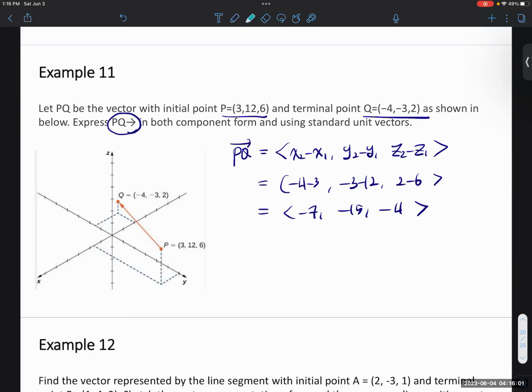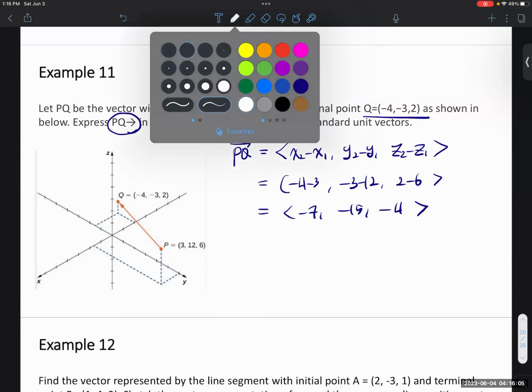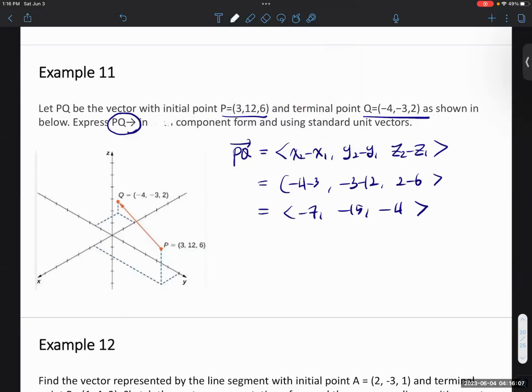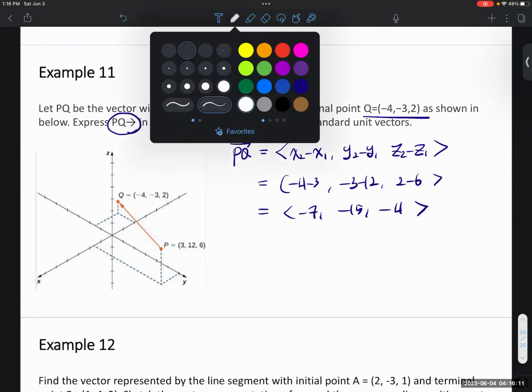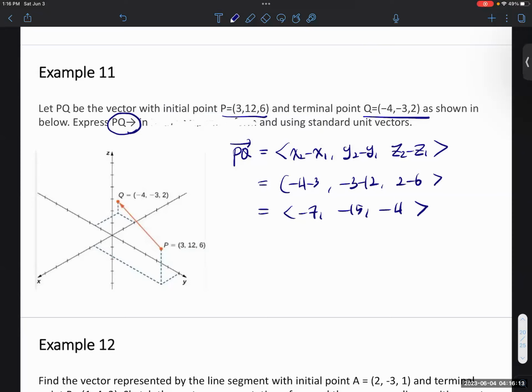Okay, so actually I'm going to get rid of the component form first because we're going to spend a lot of time on different units. So let's find it using only the standard form. So PQ is -7i, and then you can rewrite it minus 15j minus 4k, because i, j, k are your unit vectors.